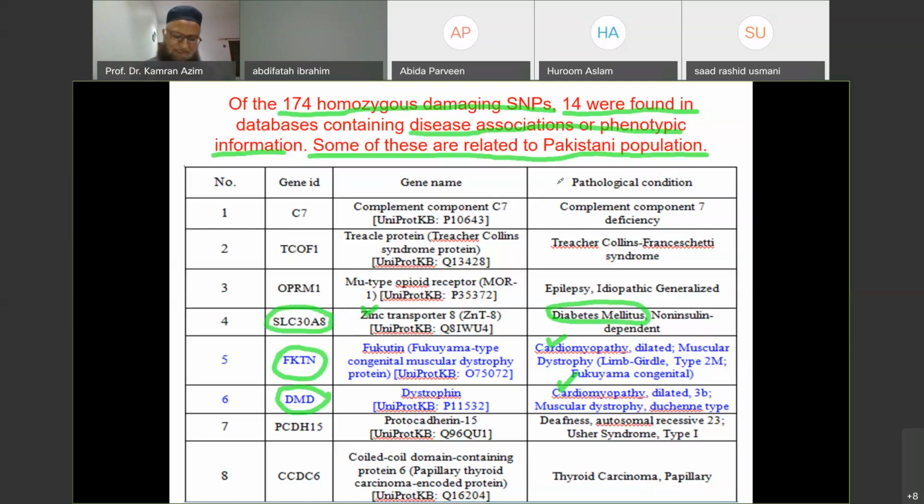That is, starting from the genotype, we discovered the phenotype at disease level, that these genotypes can be involved in these particular phenotypes, which are different diseases, that is cardiomyopathy and diabetes and some other diseases.